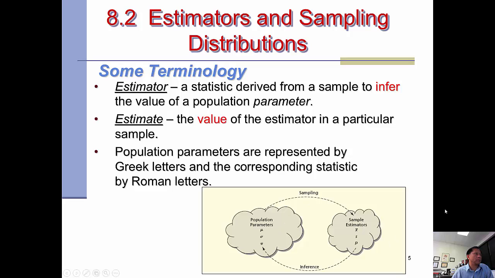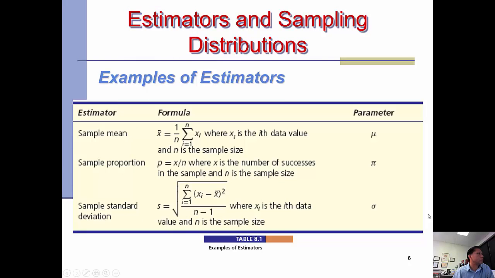That's the whole concept. Okay? So examples of estimators. The sample mean x bar, we use to estimate the population parameter mu. The sample proportion p, we use to estimate the population parameter pi, also a proportion. The sample standard deviation s, we use to estimate the population standard deviation sigma.